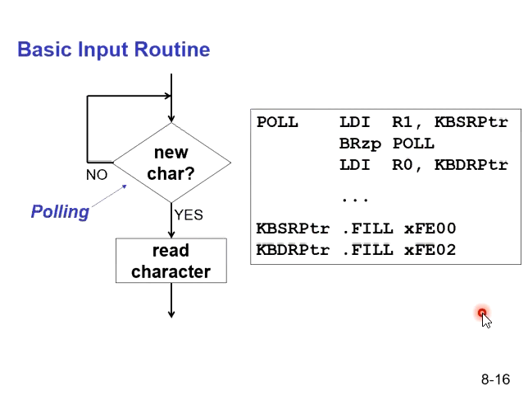Once we get the status from our status register, we go to the location at the address xFE00 and put it into R1. Here, POLL is a label. So we go to this location and assign the value to register R1 with LDI.